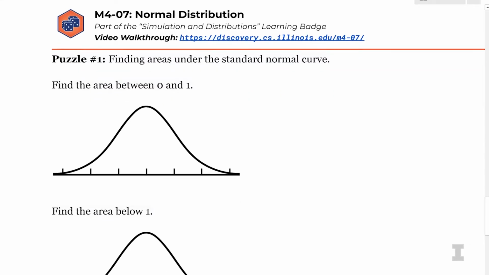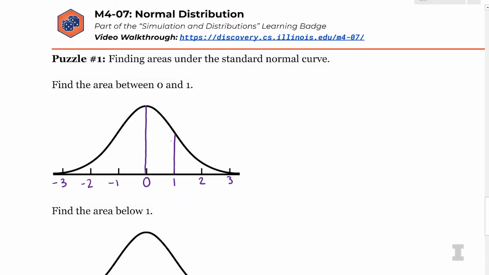So for puzzle 1, it says to find the area between 0 and 1. We know on the standard normal curve, 0 is always in the middle and the standard deviation is 1. I always like to go ahead and shade the areas that I want, because I can think, if I know the whole normal curve is 100%, what percent am I shading?